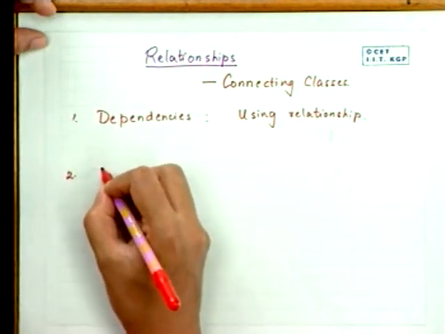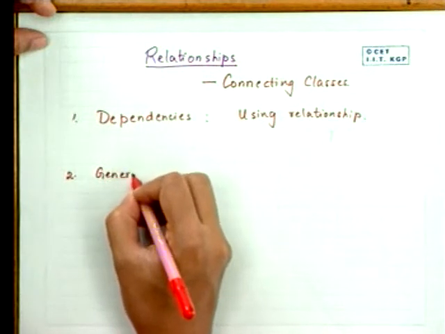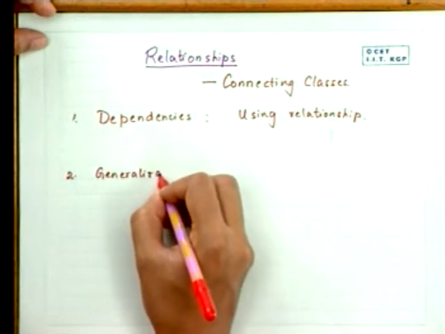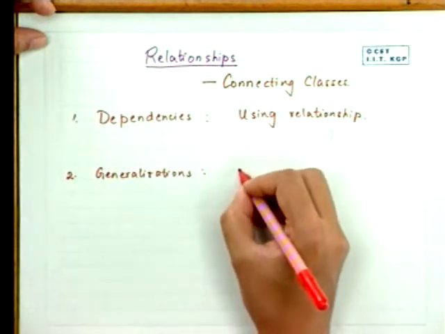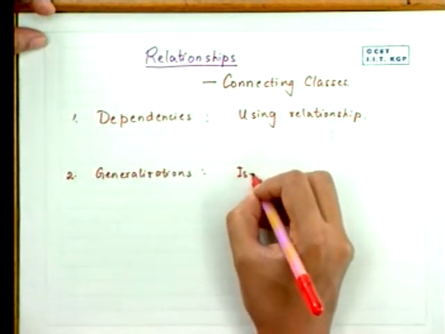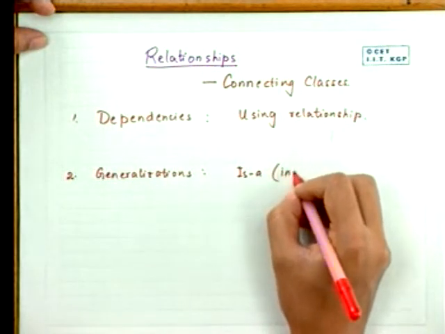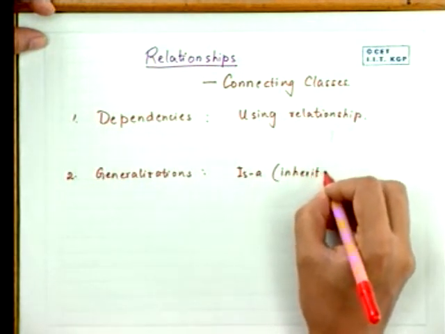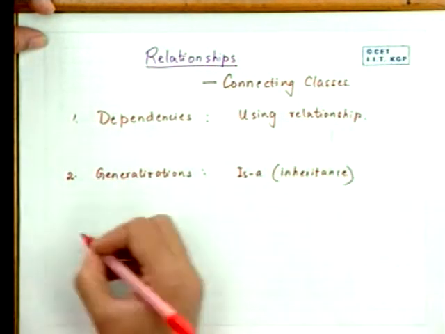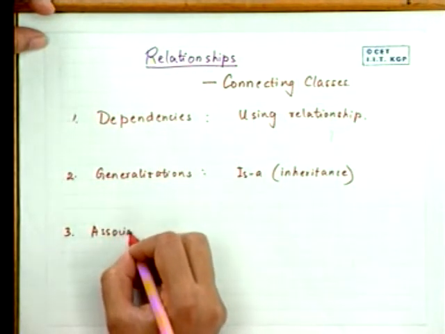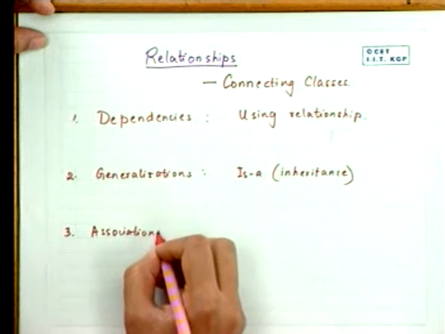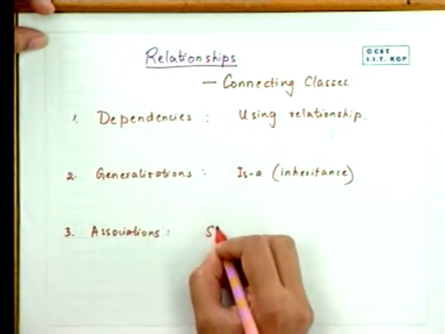Number 2, generalizations or is a relationship, is a or inheritance relationship. Number 3, associations or structural relationship.